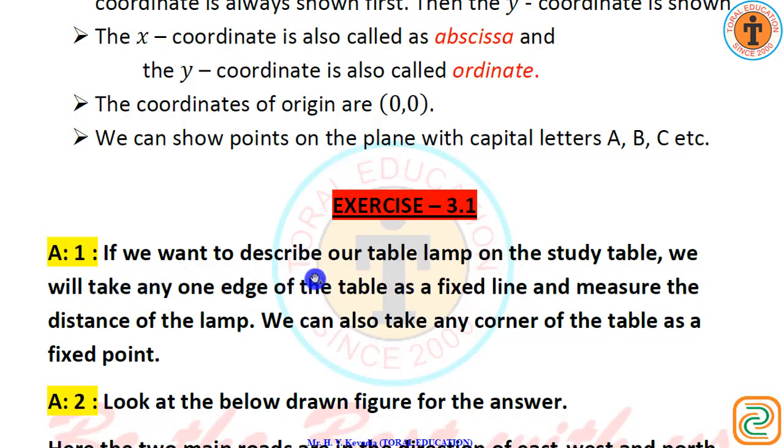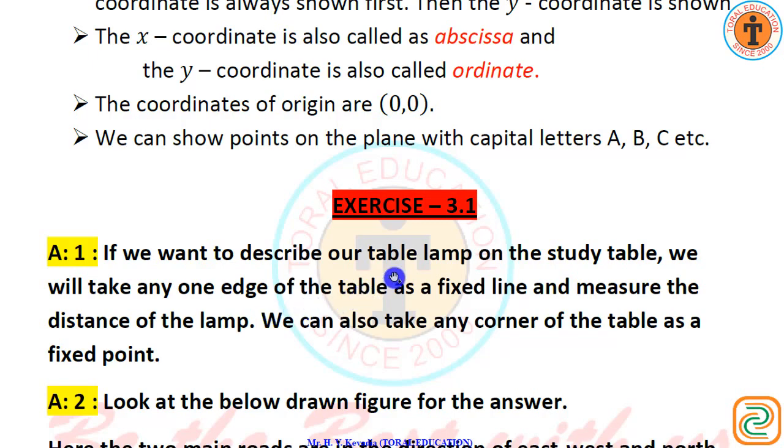If we want to describe our table lamp on the study table, we will take any one edge of the table as a fixed line and measure the distance of the lamp. We can also take any corner of the table as a fixed point.